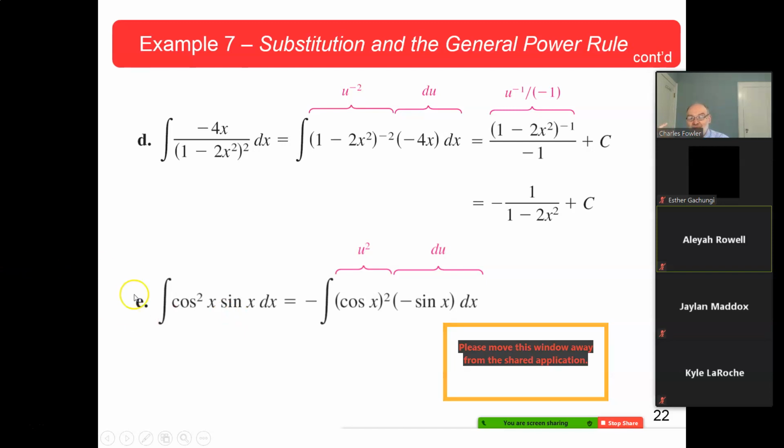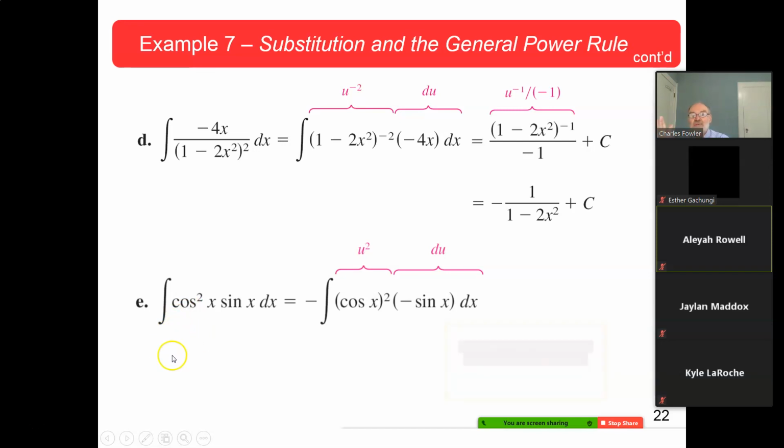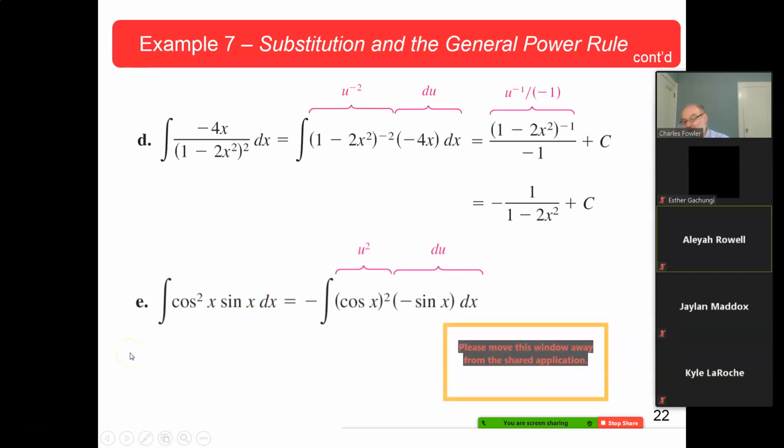So put a minus on the outside, or here's the way I like to do it. u equals cosine x. du is equal to minus sine x dx. We only have a sine x dx, so divide by minus 1, or multiply by minus 1, and make minus du equal sine x dx. So that's your du then, but you bring that minus that was interjected there out front, okay?